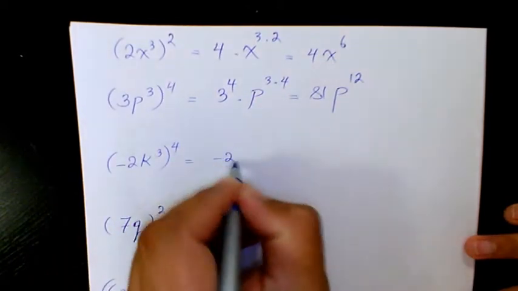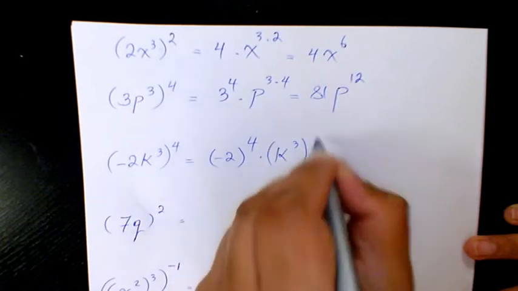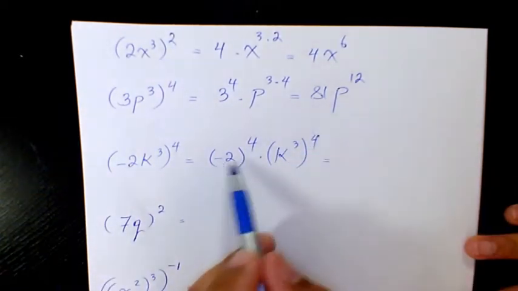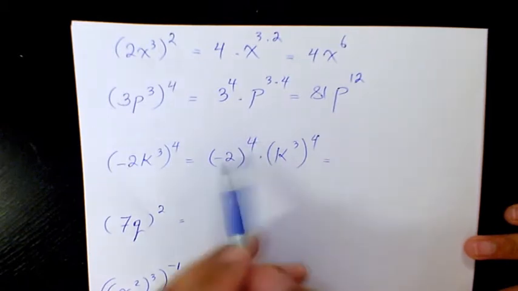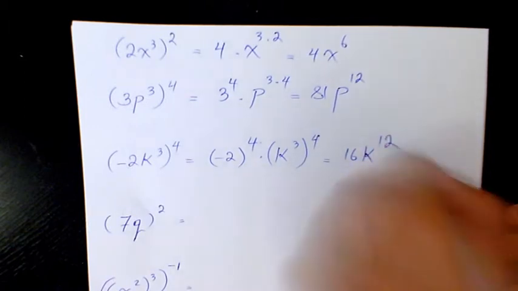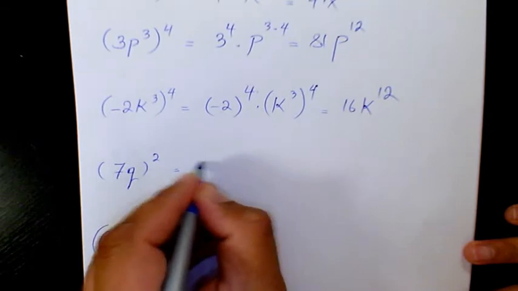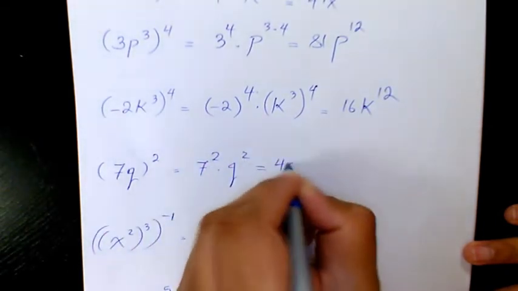Negative 2 to the power of 4 times k to the power of 3 to the power of 4. So it's going to be negative 2 to the power of 4. Since it's inside the bracket and the exponent is an even number, it's going to be positive. So 16. K to the power of 3 times 4 is going to be 12. Next one. 7 squared kq squared. So it's going to be 49q squared.